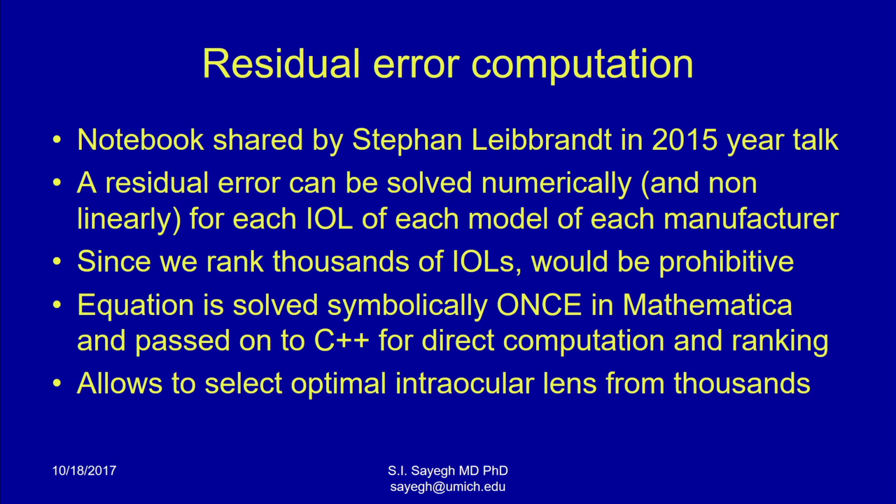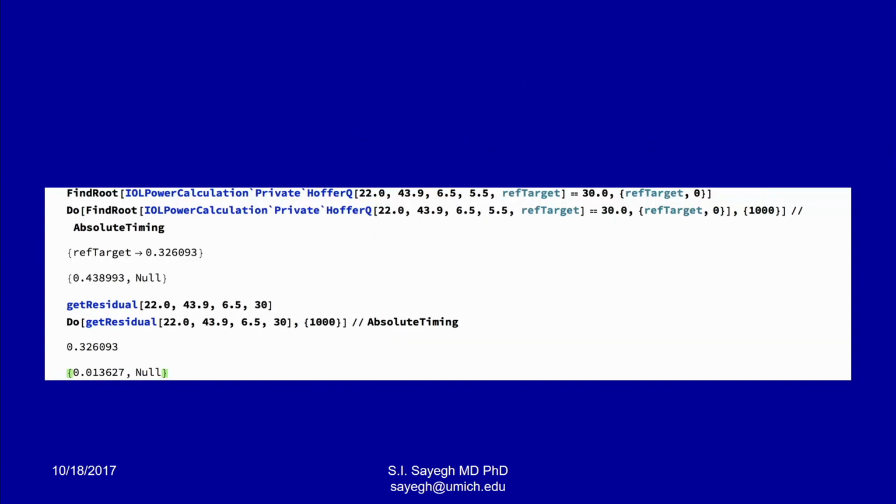So here's an example. If you want to know for a given intraocular lens that you put in, what would the residual error be? Would it be -20, or would it be -3, or what? So there is a nonlinear equation that you need to solve. And if you solve it every time, you wouldn't be able to solve it for every single manufacturer, every single intraocular lens. It takes a lot of time. Here's an illustration, and this was shown by Stefan in a talk we gave together.